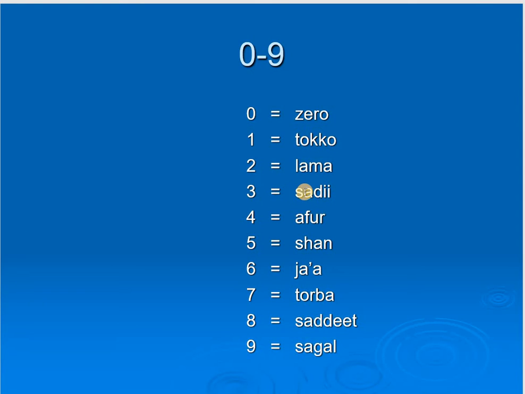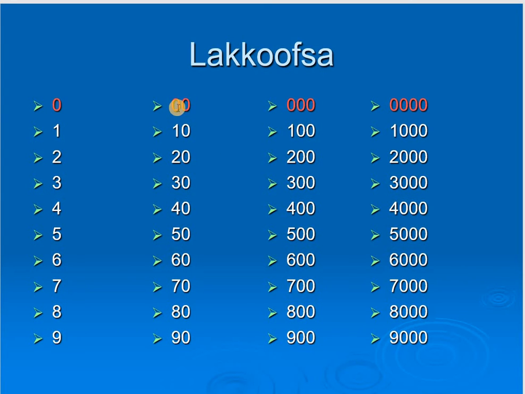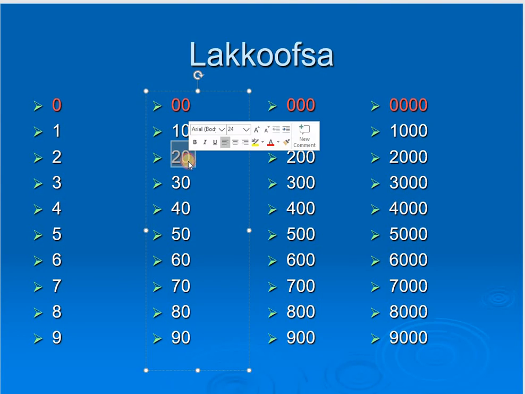Here we have Sadi as three, so we say Sodoma for 30, Afurtama for 40, Shantama, Jatama, Torbatama, Saddeetama, Sagaltama. So it becomes very easy to say them. Kudan, Digdama, Sodoma.